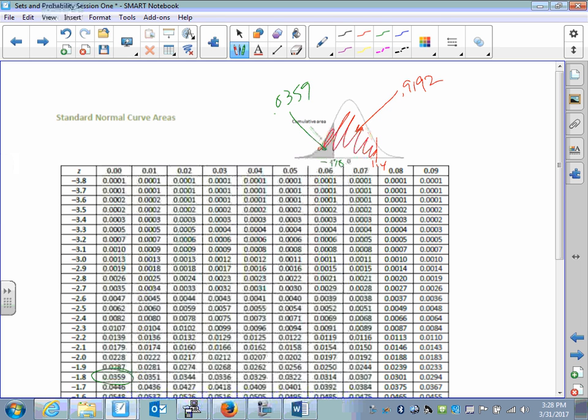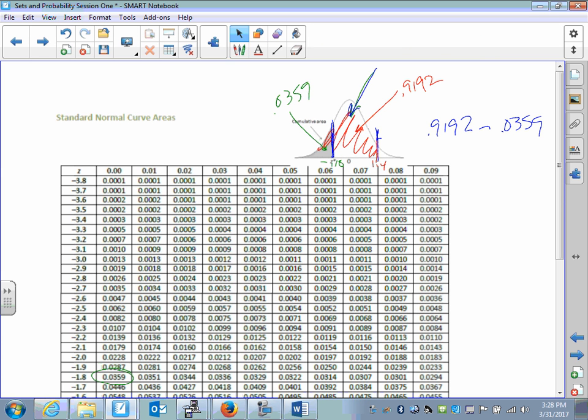Now, what that means is the area between these two lines, let's use blue here, the area between this line and this line, this area in here would be 0.9192, because that's the area from here all the way down, minus 0.0359, which is the area from here the rest of the way down.